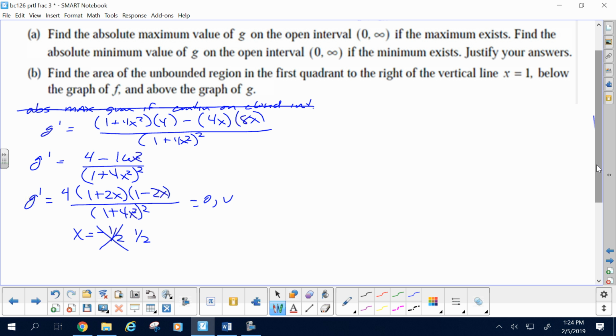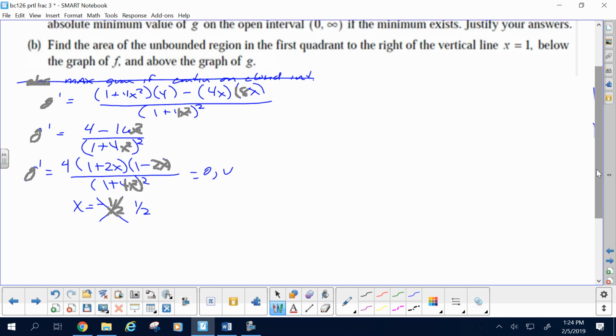All right? Now let's talk. I am going to use a sign test. I understand it's not a relative extrema problem, it's an absolute extrema problem, but I'm still going to use a sign test. So there's one flat spot in the graph. What's going on around that flat spot? Well, before, I think you'll find that g prime is positive, and after, g prime is negative.